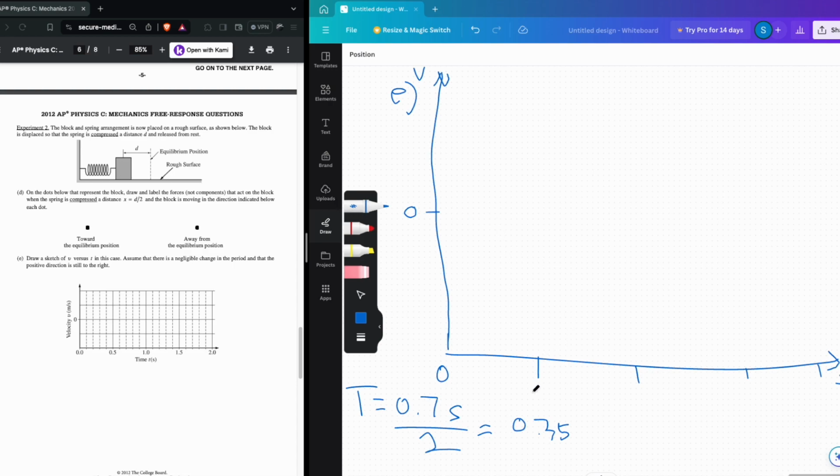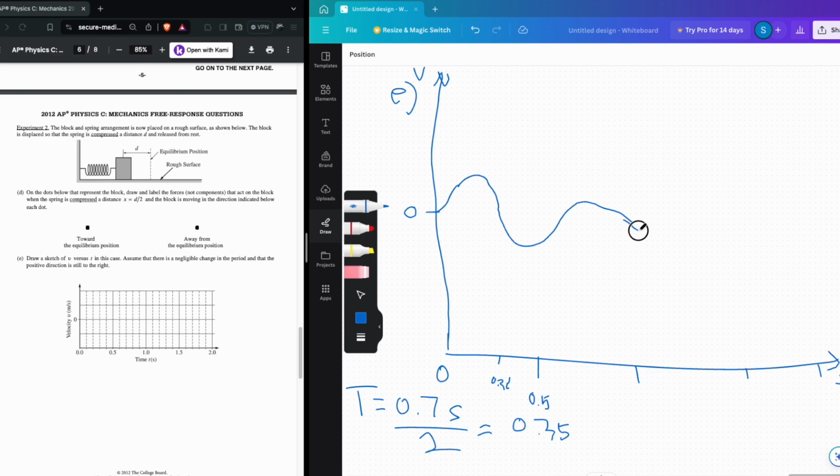If this is 0.5, we should have positive increasing velocity, and at 0.35 it should come down, go all the way down, and come back up at about 0.7, then decrease again and hit v equals 0 at nearing 1-ish.